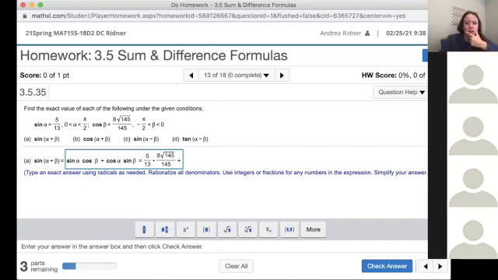So think about sine. If sine is opposite over hypotenuse, how do I find the adjacent? Pythagorean theorem.